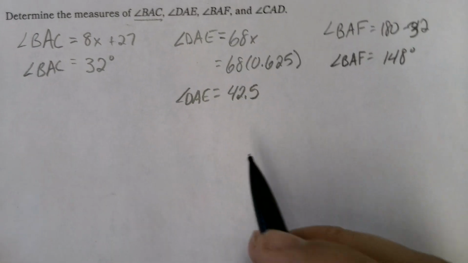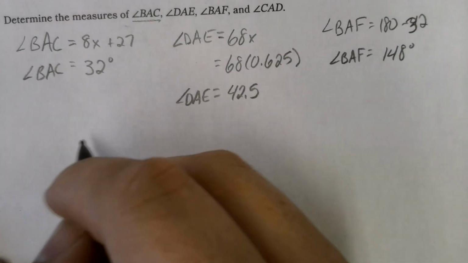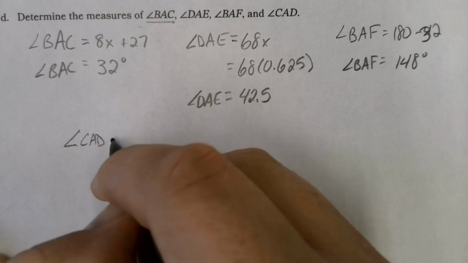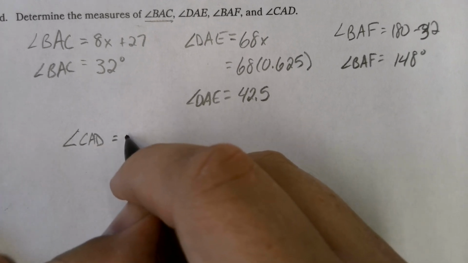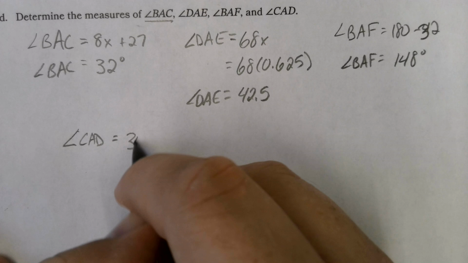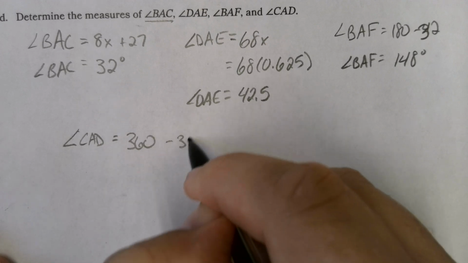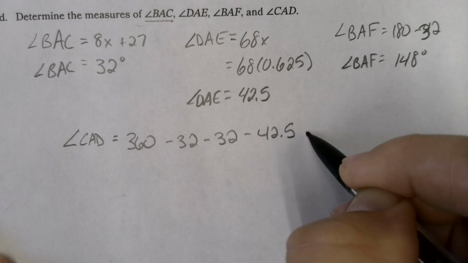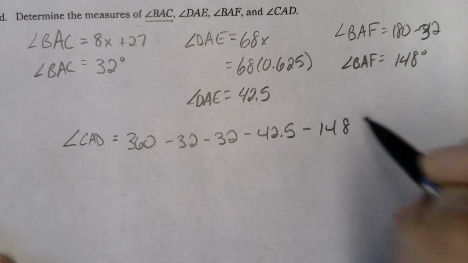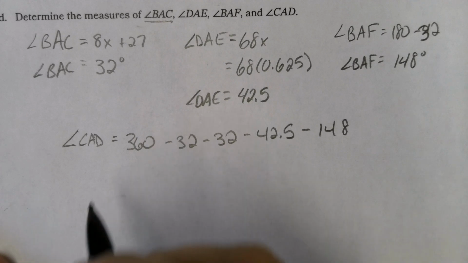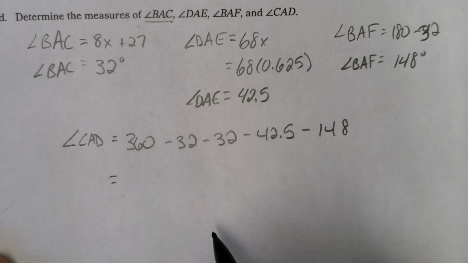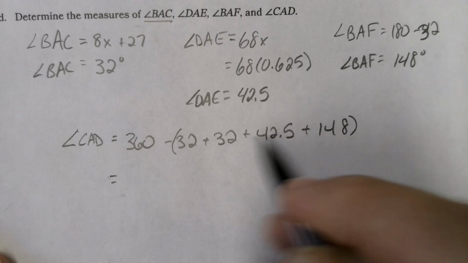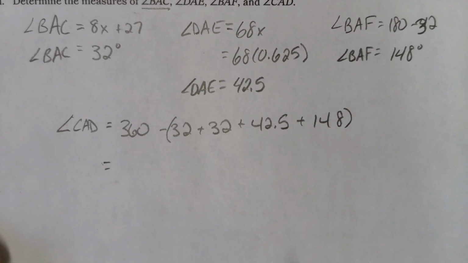And if we know the rest of those angles, we can figure out CAD, because angle CAD is equivalent to 360 minus everything else. So minus 32, minus 32, minus that 42.5, and then minus 148. Or you could think of it like this, with plus. I think this one is better: add up all the other ones and subtract that from 360.